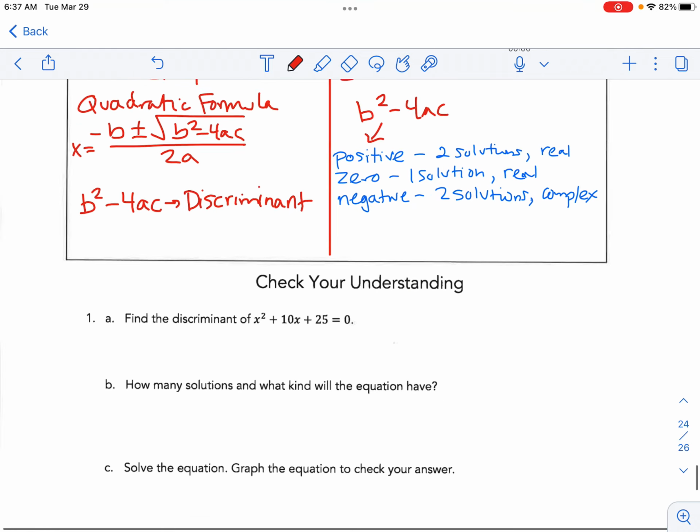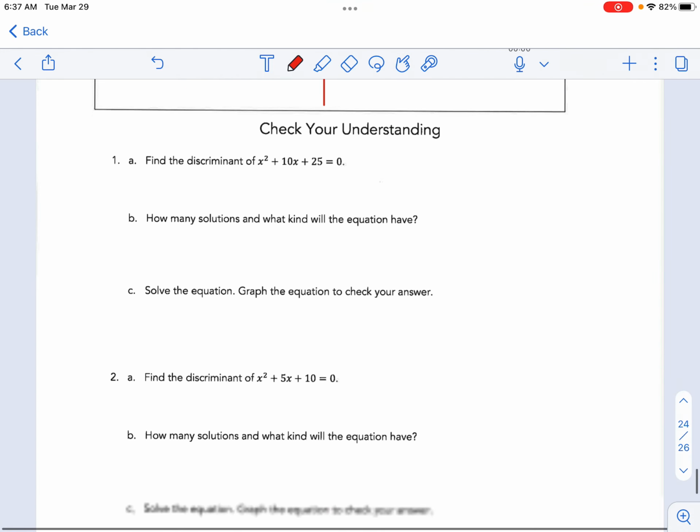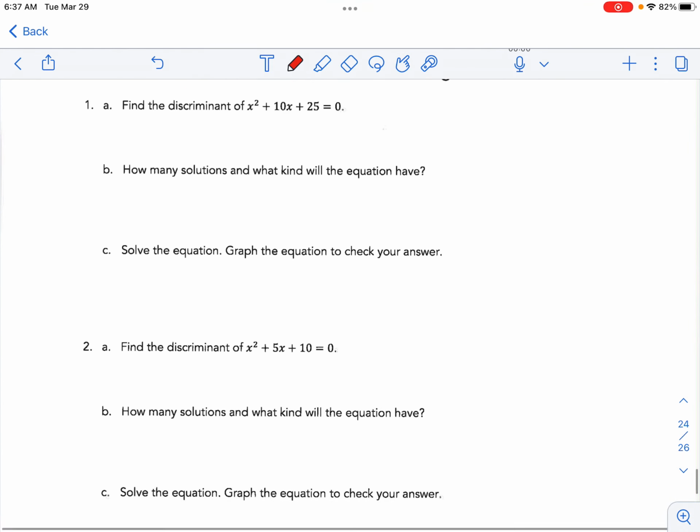And so with these check your understandings, I really want you to rely on the discriminant here. Each one of these has a quadratic formula. It's already set equal to 0. I just want you to find the discriminant so that you can answer these 2 questions. How many solutions? And then I would say that you don't need to go back to the quadratic formula, maybe just graph to verify your answers.